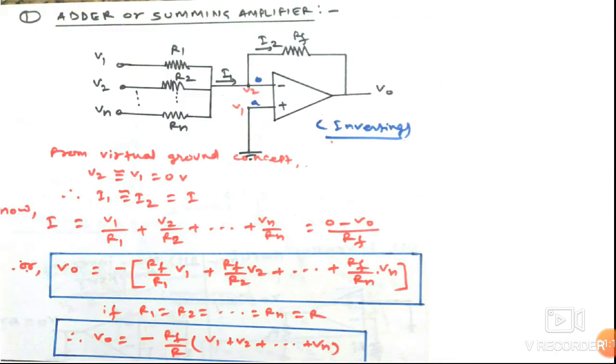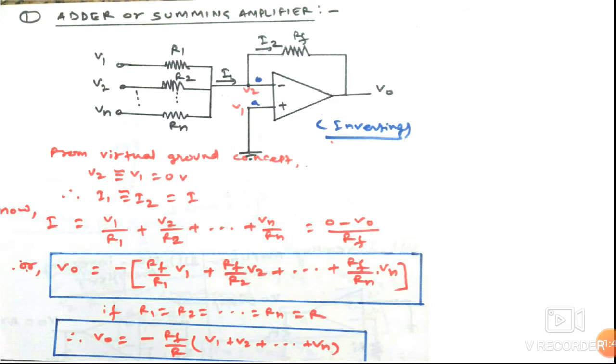As we know from the virtual ground concept, if the potential of the non-inverting terminal is 0, the potential of the inverting terminal will also be 0. So from the virtual ground concept, V1 equals V2, equal to 0 volt.